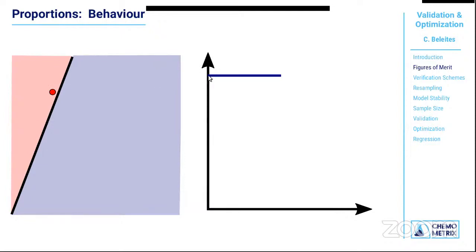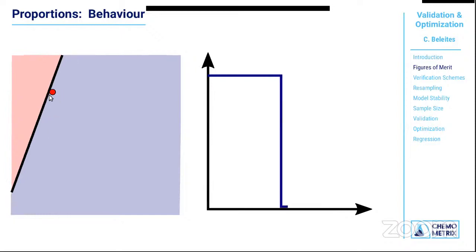Our proportion just stayed exactly the same, even though our class boundary moved now very close to our test case here. And now we move it a tiny little bit, and we get a huge drop in our figure of merit, in our proportion. And then again, nothing happens.